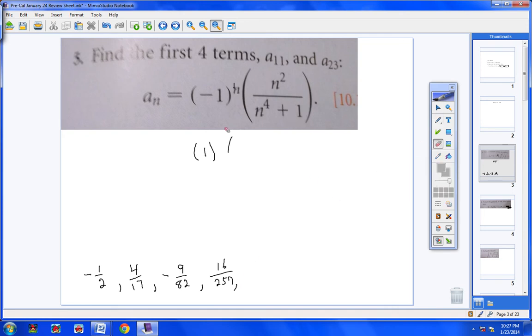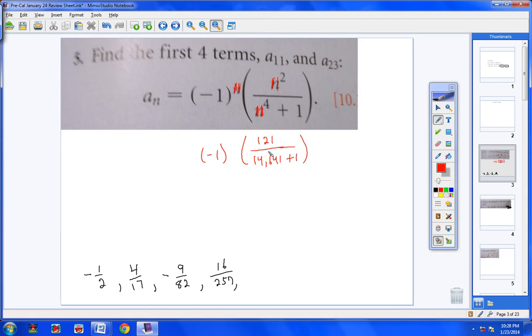Now let's quickly find the 11th term. Everywhere there's an n, I'm going to change colors here. Everywhere there's an n, I'm going to put an 11. So there's an 11 there, an 11 there, and an 11 there. Well, negative 1 to the 11th power is negative 1. 11 squared would be 121. 11 to the 4th power, of course you can use your calculator for that, is 14,641, and of course plus 1.